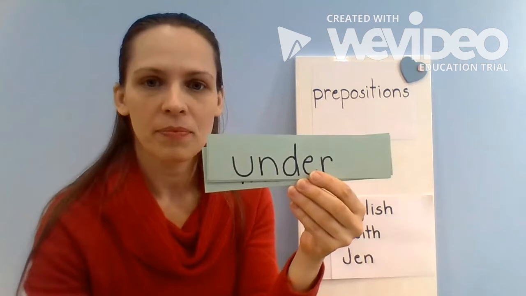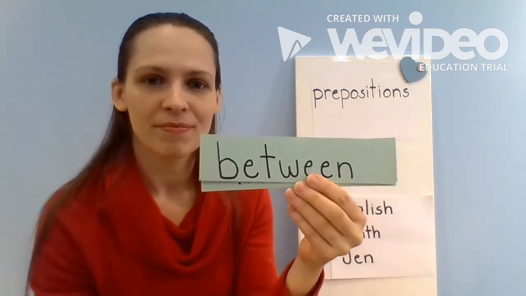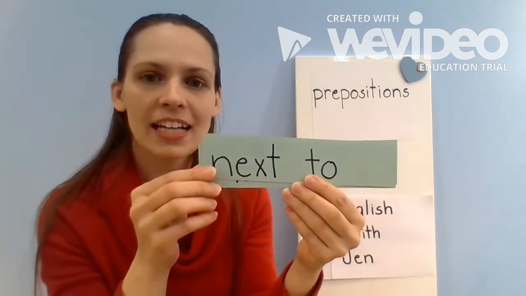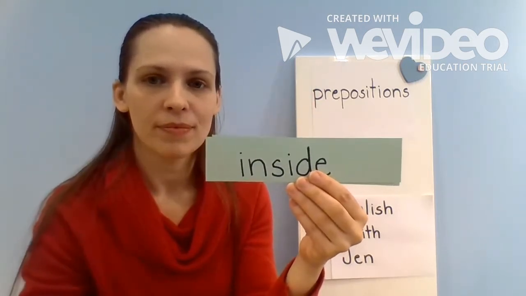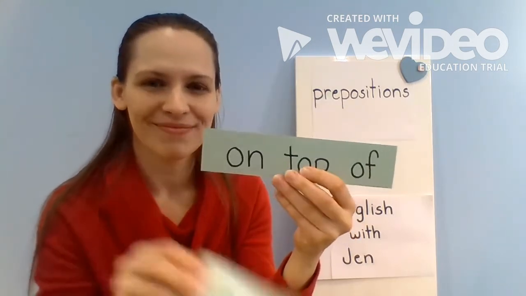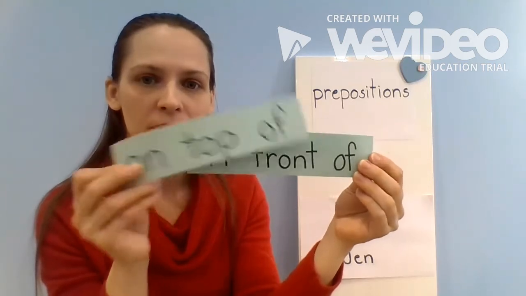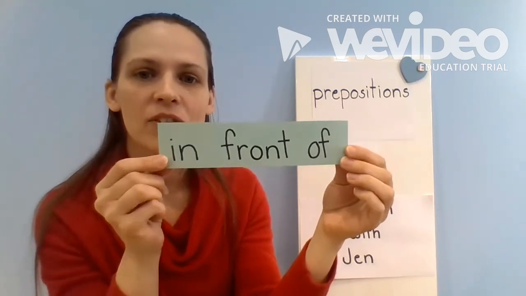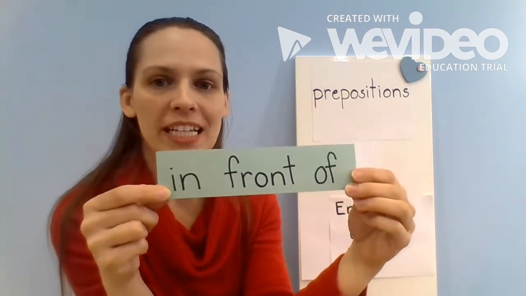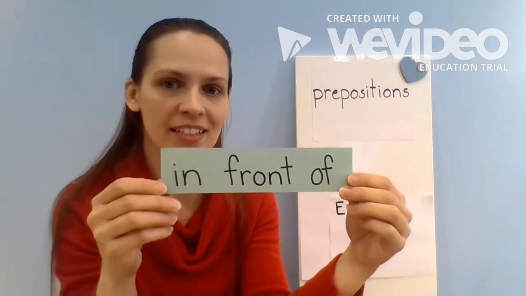Behind, under, between, next to, inside, on top of, and in front of. So these are all prepositions of place. These tell us where, or the location of something. Where is it?